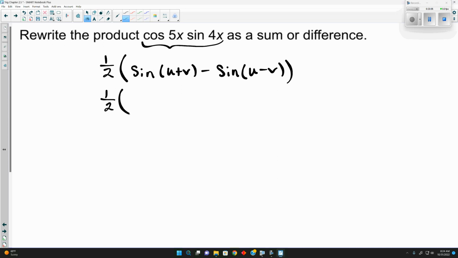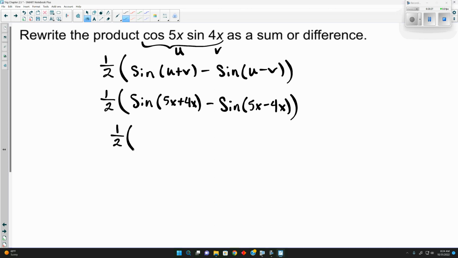And for us here, the u is 5x and v is 4x. So here we'd have sine of 5x plus 4x minus sine of 5x minus 4x. 5x plus 4x is 9x. 5x minus 4x is x.